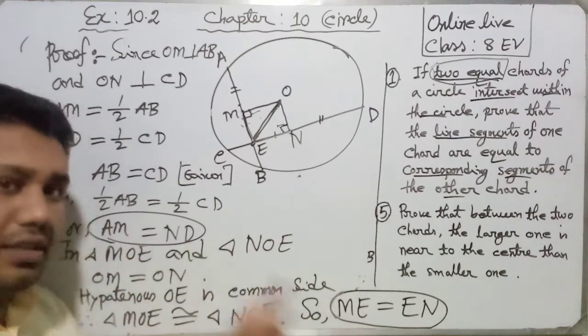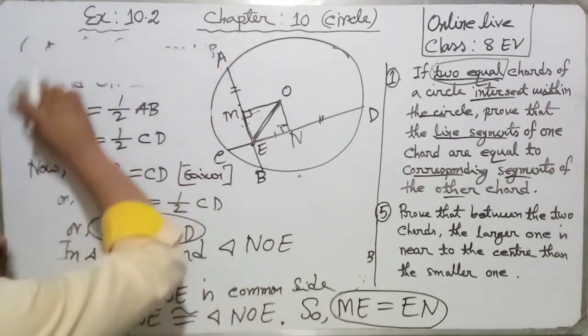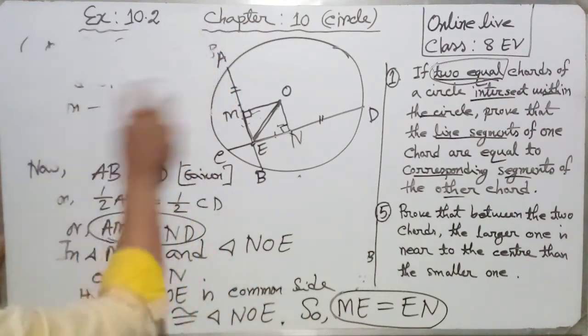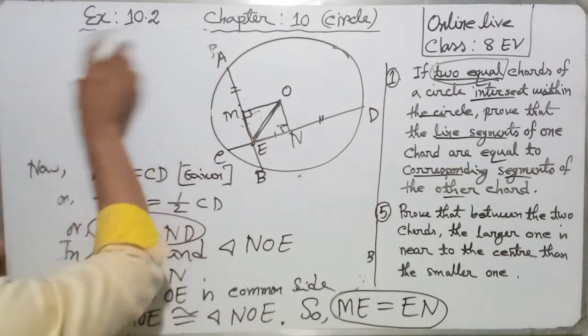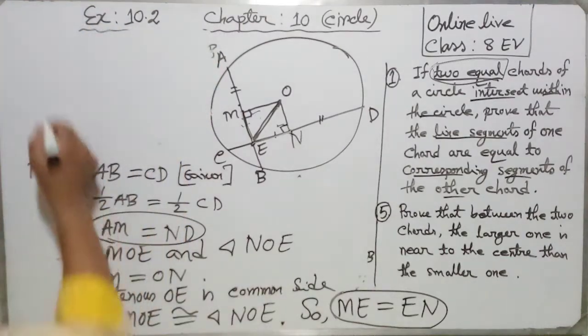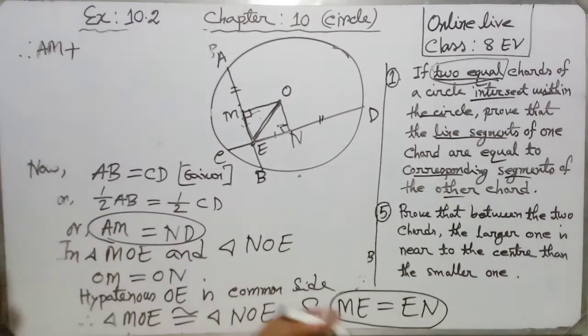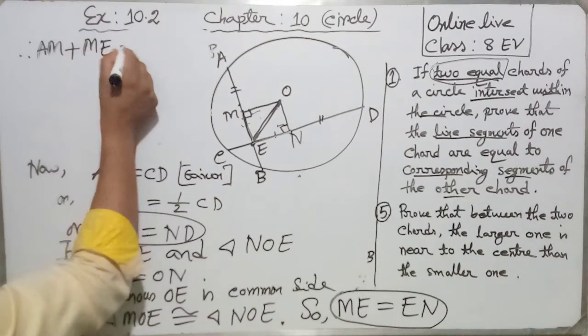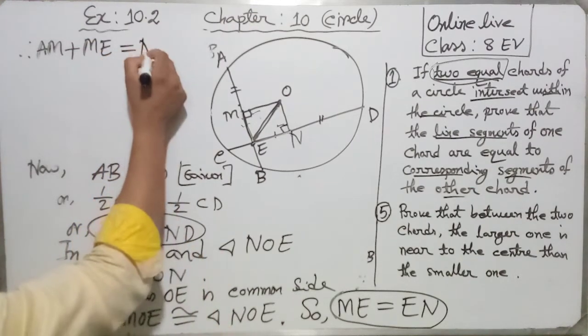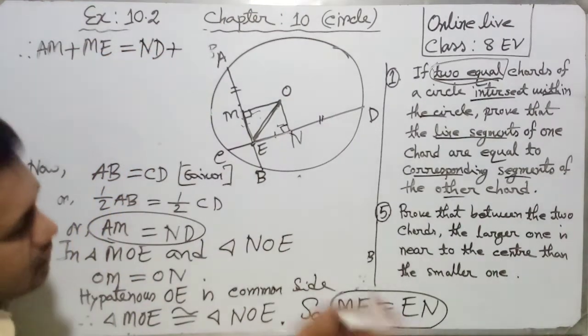Now if we add these two equations, therefore AM plus ME equals DN plus EN.